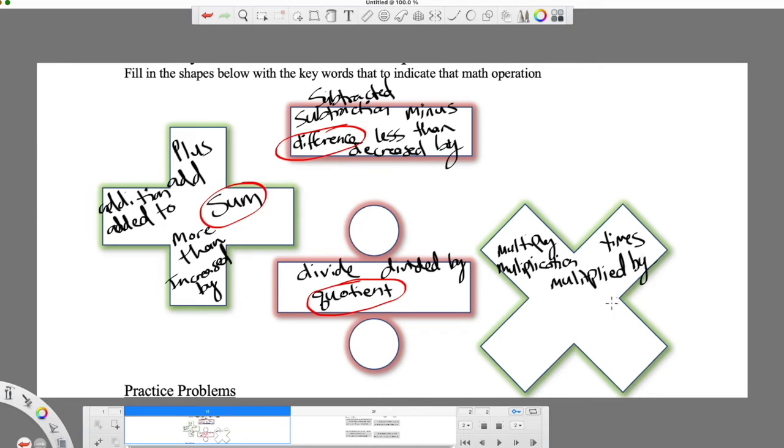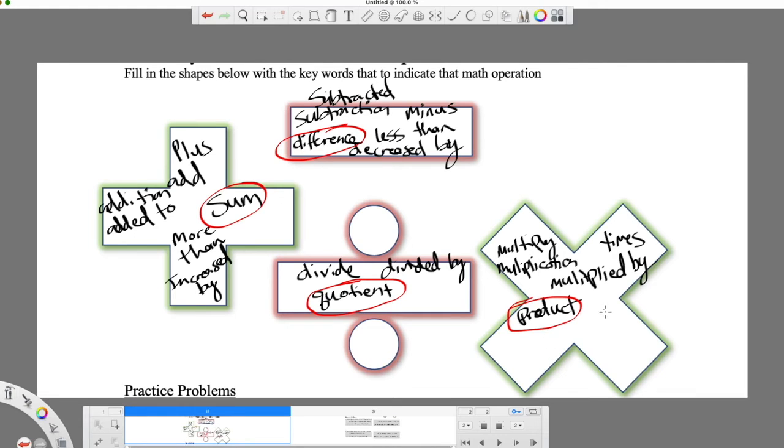Okay. But a lot of the time what they're going to use is the word product. And again, that's the answer to a multiplication problem. It's the product of the two pieces, or however many pieces we're multiplying. And this is an O, sorry, product.